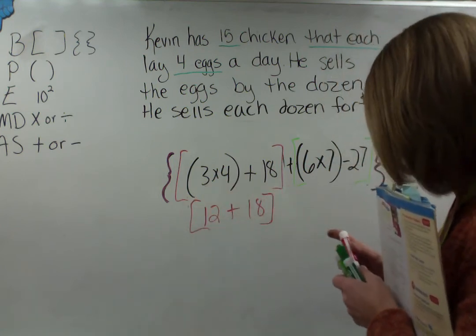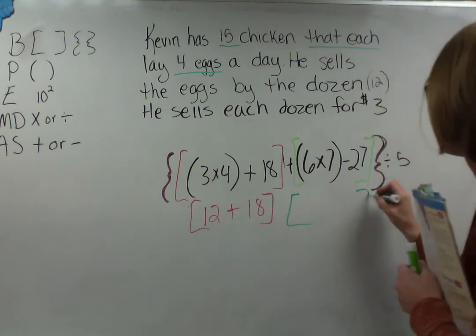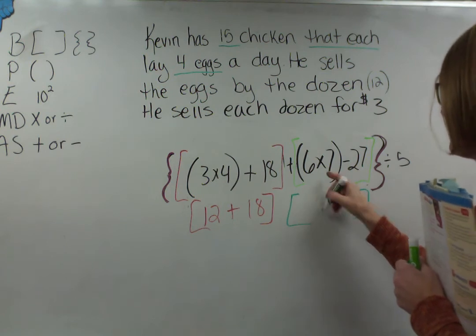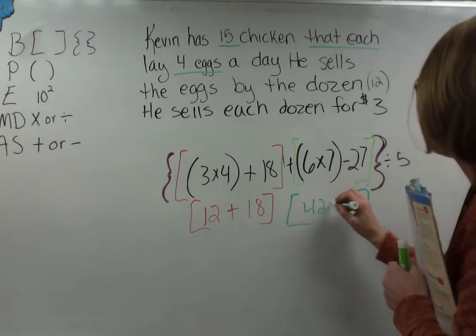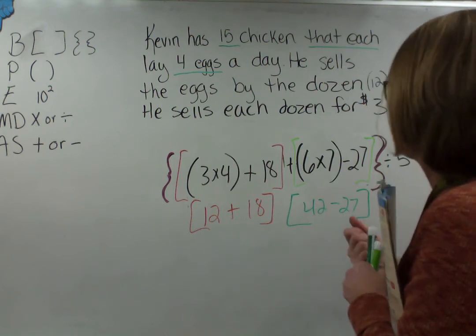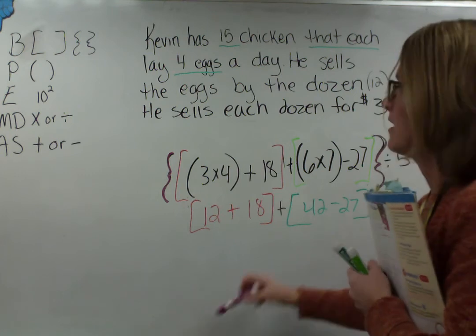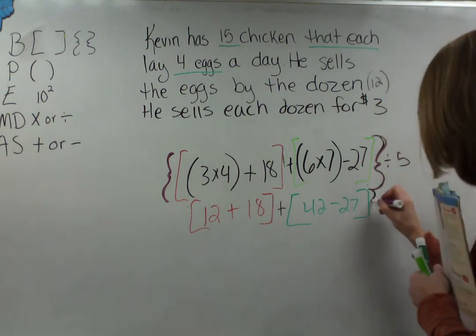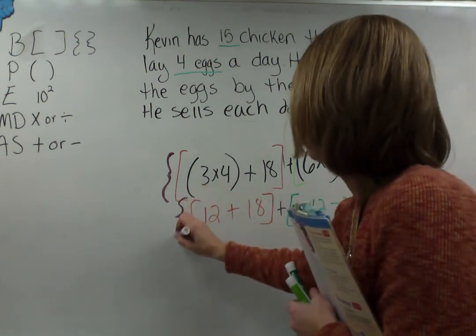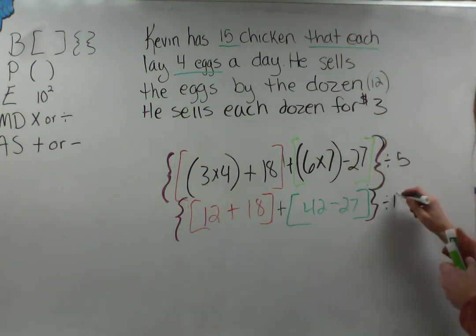So that's one problem. Inside these brackets, we have 6 times 7 is 42 minus 27. We have another problem. When we get both of those things, we're going to add it back together. And fancy brackets. Once all that is done, then we may divide it by 5.